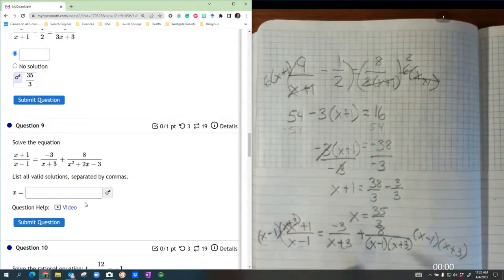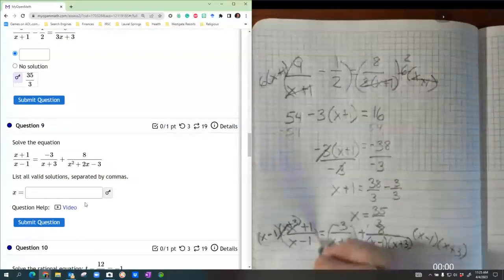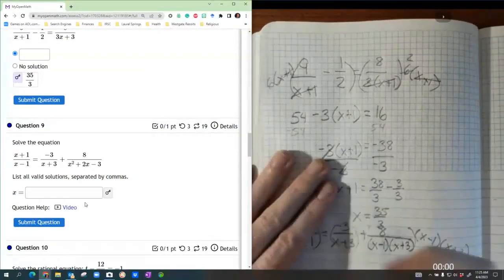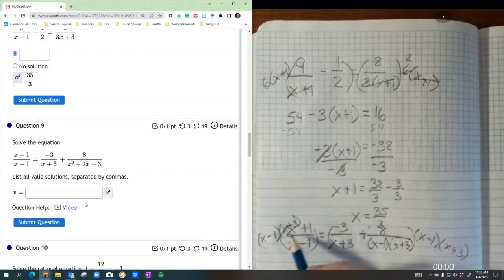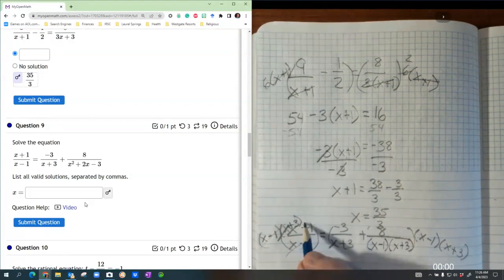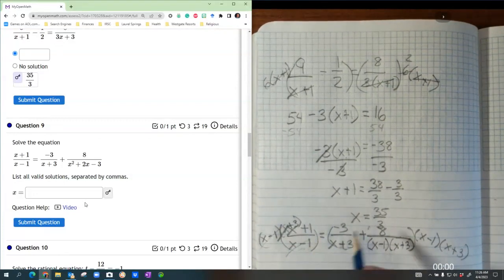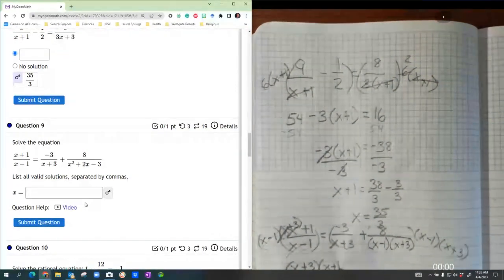Now that we've done that, we're going to wipe these things out. This wipes this out, leaving me with x plus 3 times x plus 1.